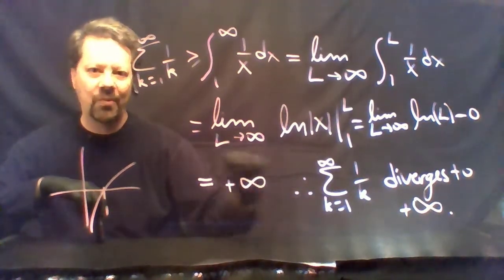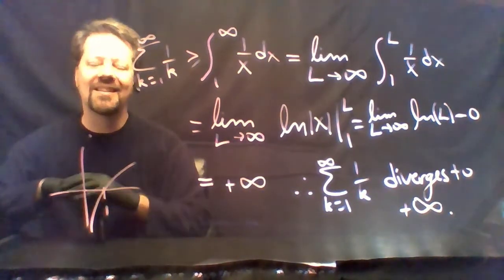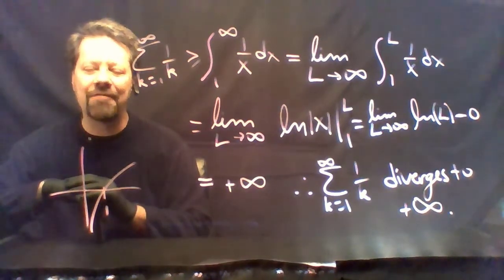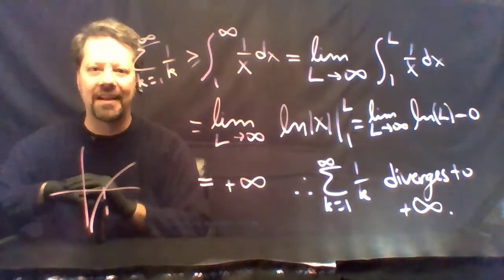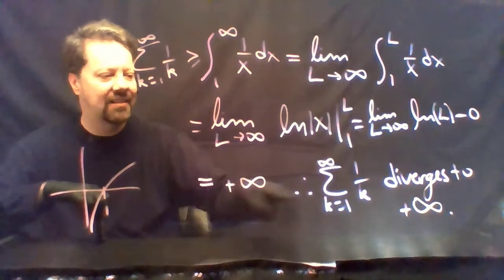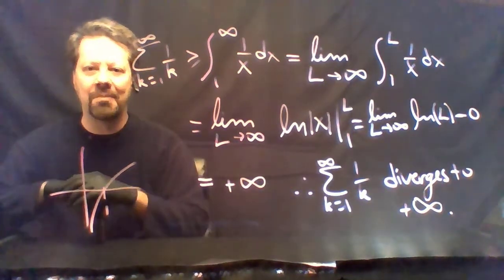Although the terms went to 0, nonetheless, they didn't go to 0 fast enough to pick up a finite sum. Instead, the sum diverged to positive infinity.